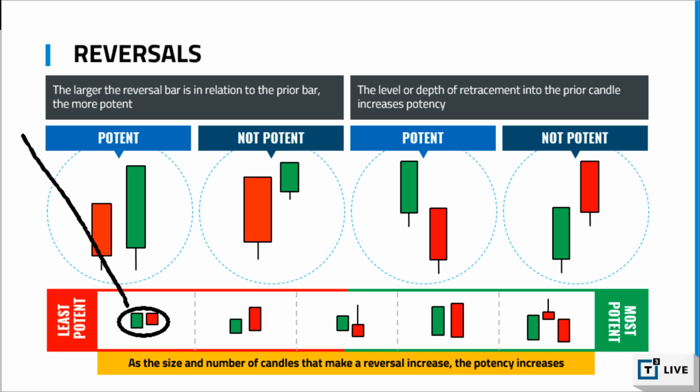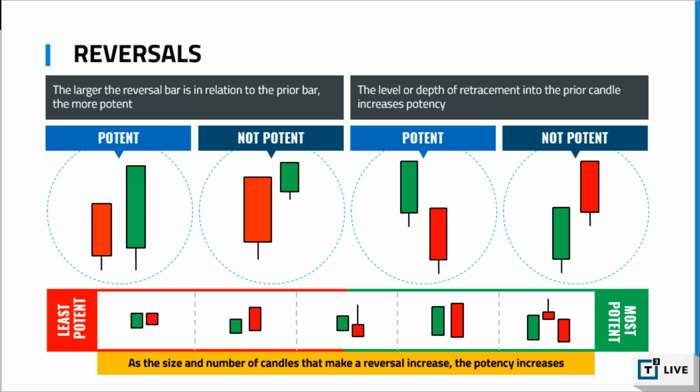If it comes after a multi-bar sell-off, those would constitute narrow range bars, which are reversal bars once you break above the high of both bars. Or if it comes after a multi-bar rally at the top. Does that make sense?